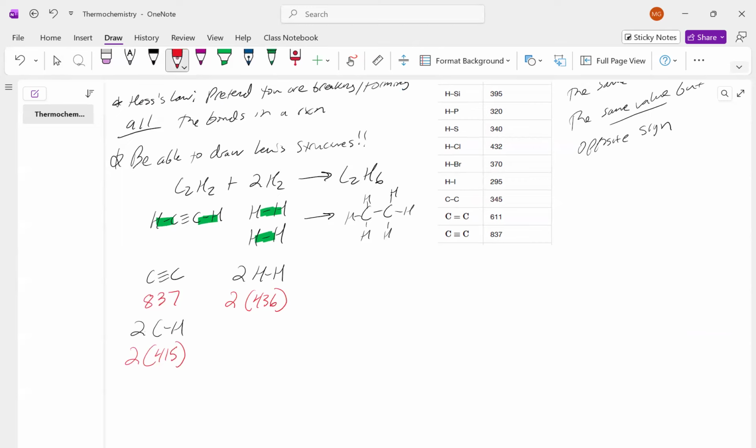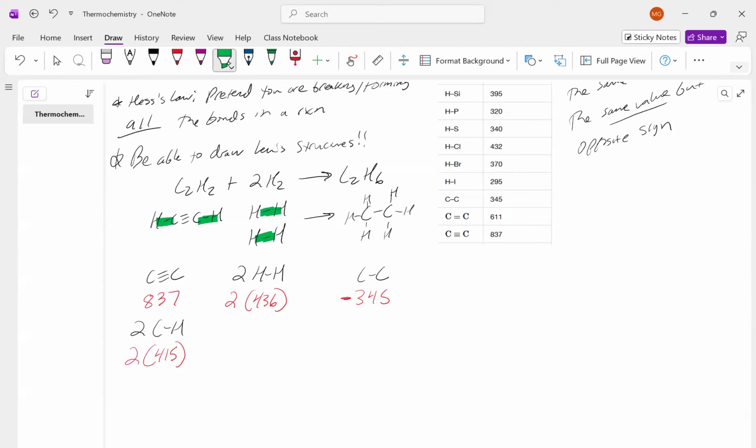Now I'm going to go to the products. Now I'm forming bonds here, which means I have to change the sign of these bond dissociation enthalpies. So I'm forming a carbon-carbon bond. I look at my table, and that is 345. I'm going to put a negative there because I'm forming it.